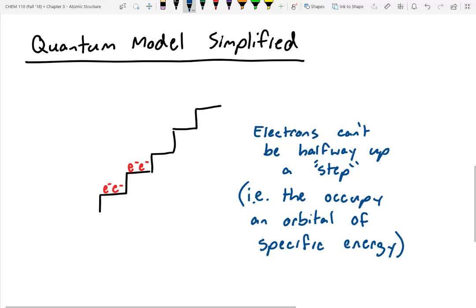All right, my next question is, which of these electrons is going to be valence electrons? The ones higher, right? The ones higher basically have higher potential energy. So valence electrons occupy the highest energy orbitals.